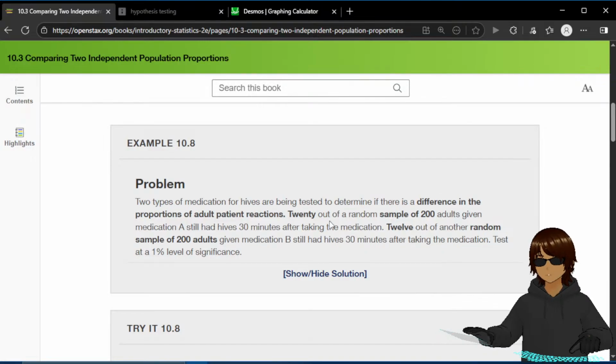So 20 out of a random sample of 200 adults given medication A still had hives 30 minutes after taking the medication. 12 out of another random sample of 200 adults. It's the same 200 adults, right? Given medication B still had hives 30 minutes after.